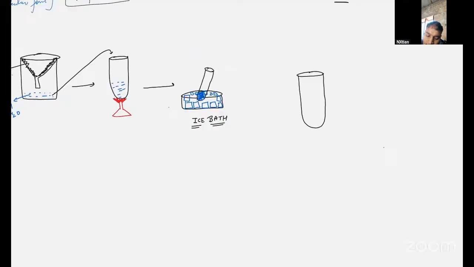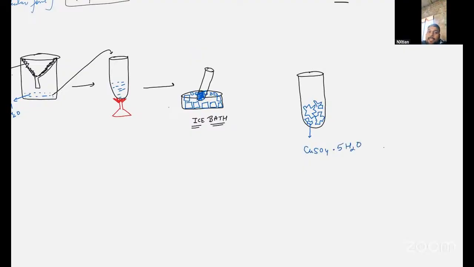And after some time, when I remove it from the ice bath, I will see some crystals are made, like this. Some crystals will form, and this crystal is basically CuSO4.5H2O.